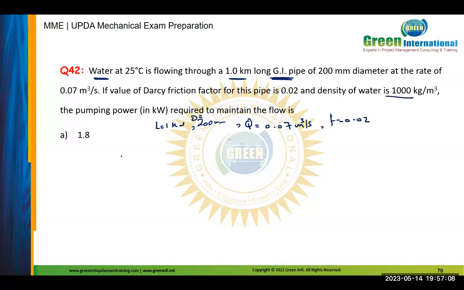What is the power of the pump? Gamma Q H. So gamma is rho g: rho is 10 to the power 3, g is 9.8.